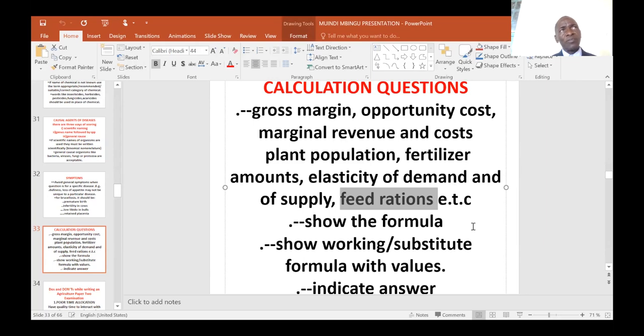In fact, I want to give this as an example. Compute a pig ration of 18% digestible crude protein using maize grain, 7% DCP, and sunflower seed cake, 34% DCP.